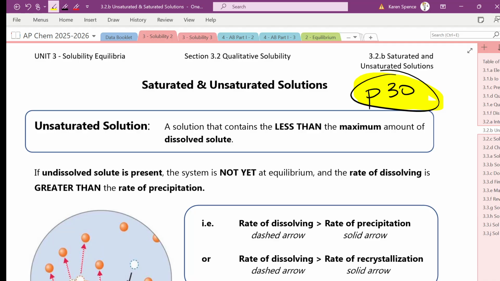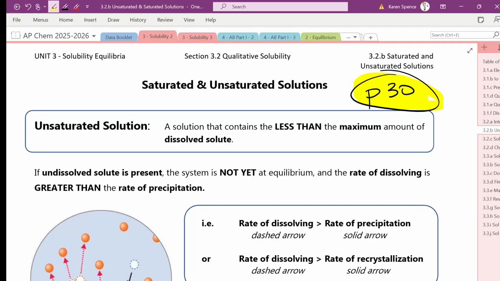Okay, what do we mean if it is unsaturated? Not saturated. What does saturated mean? If a sponge is saturated, what does that mean? It has its max volume. So the sponge contains the maximum amount of liquid it can.